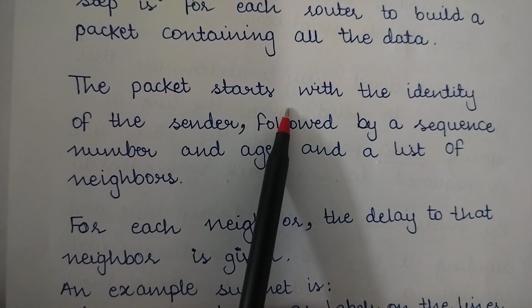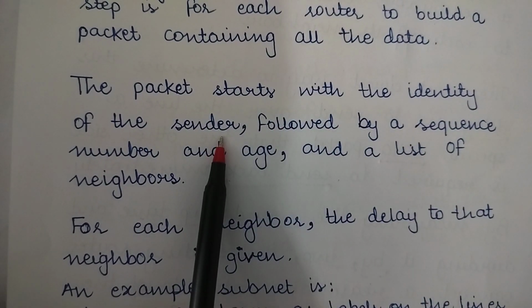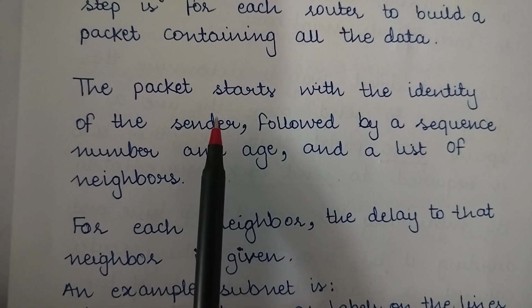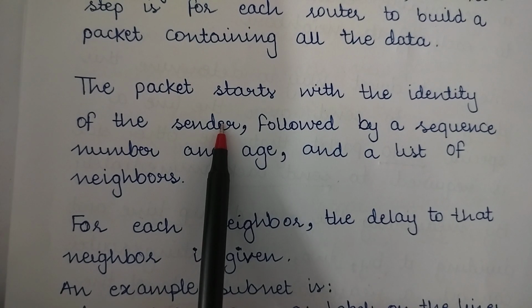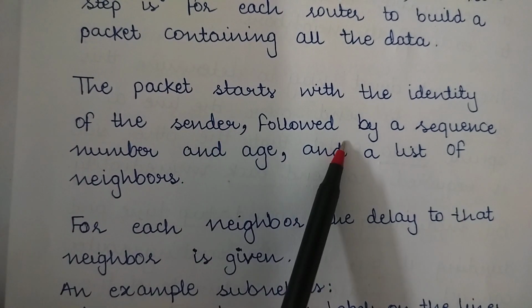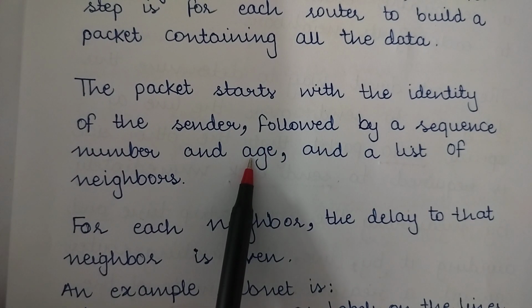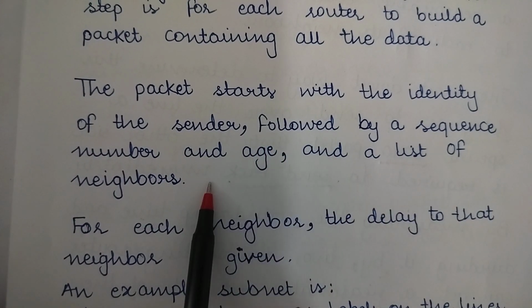Now the packet starts with the identity of the sender. Obviously you need to have the identity of who the sender is. So these packets first of all contain the identity of that particular router for which the packet is being constructed, which is the sender, followed by a sequence number. What is the sequence number of that router? And then what is the age of that router, and a list of neighbors.